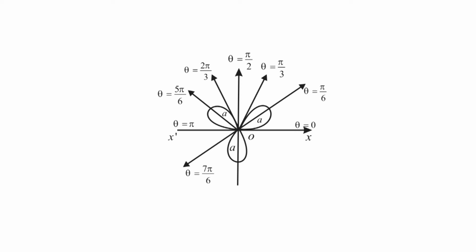For the values of θ between π/3 and 2π/3, sine values are negative, so the values of r = a sin 3θ corresponding to these θ are negative, and since r is the directed distance, the points corresponding to θ between π/3 and 2π/3 lie in the third and fourth quadrants as shown in the figure.